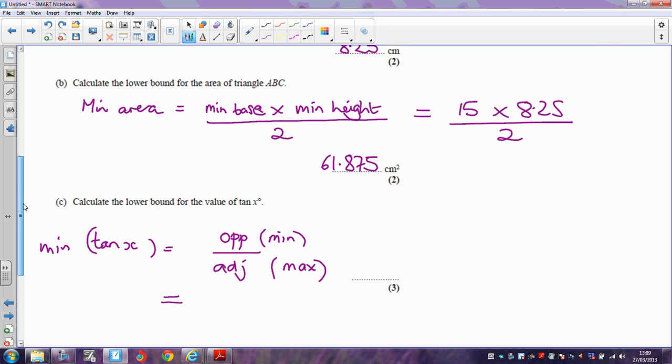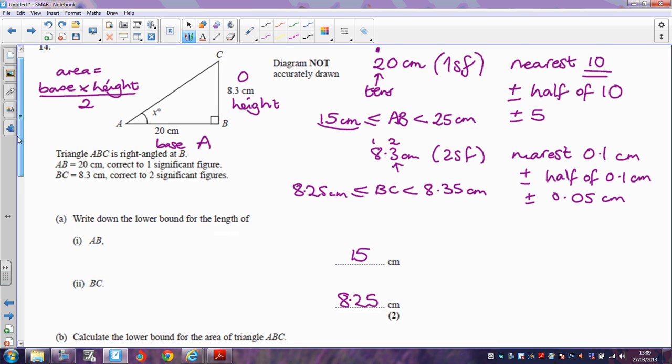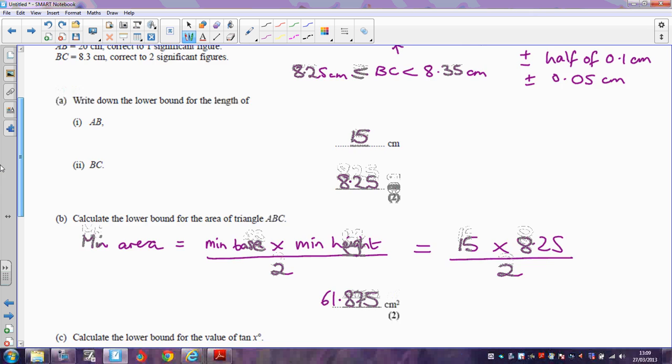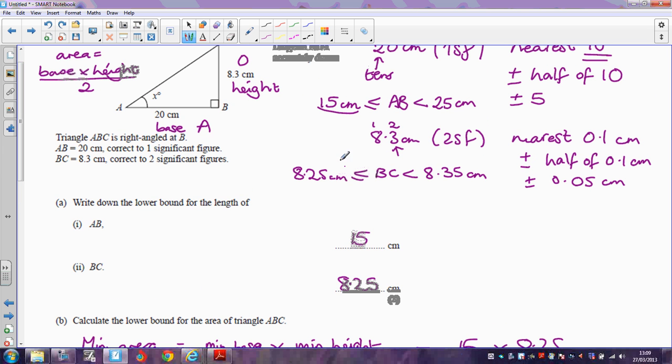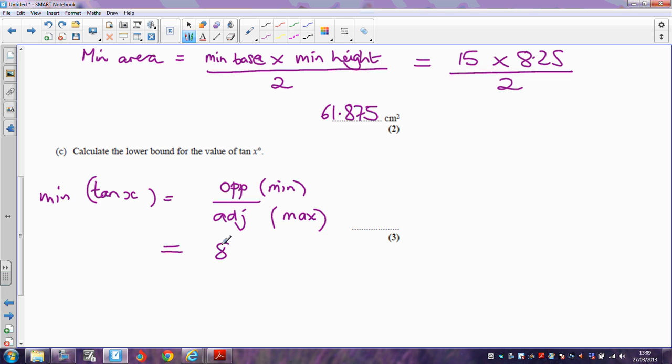Okay, so let's have a look at which is which out of the opposite and the adjacent. The opposite is the 8.3, so I need the minimum possible opposite. Now the minimum possible opposite is this one, the 8.25. So I'm going to do 8.25, and to get the smallest possible value of tan, then I'm going to divide by the biggest possible adjacent.